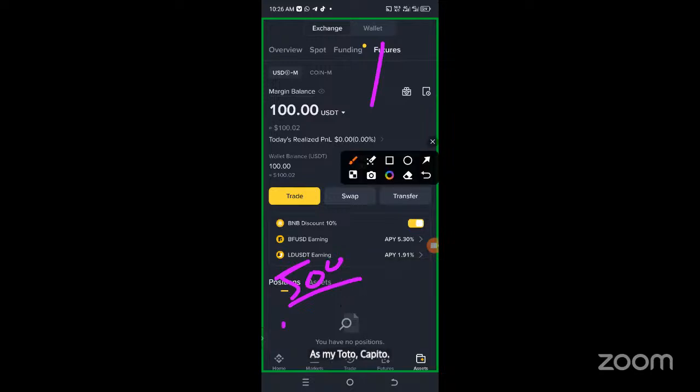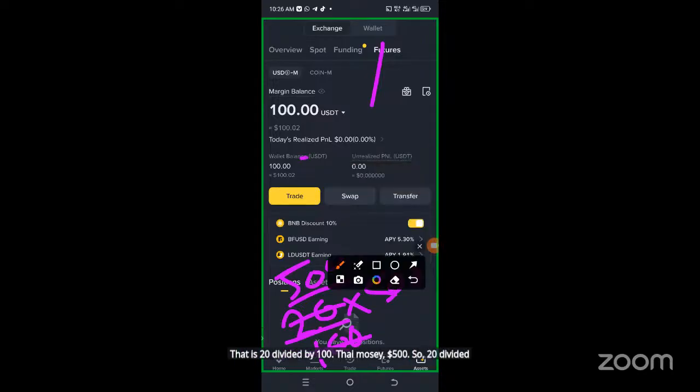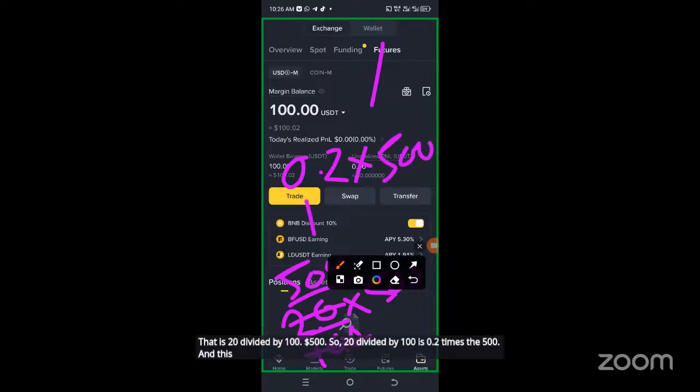I'm going to transfer 20% of $500 to my futures account. That is 20 divided by 100 times $500. So 20 divided by 100 is 0.2, times 500, and this gives me $100.